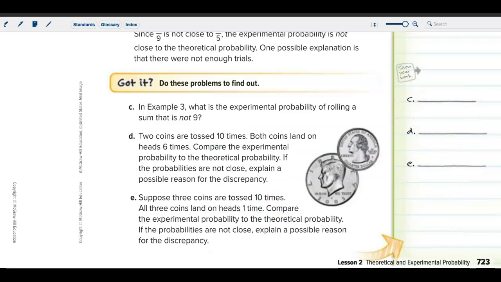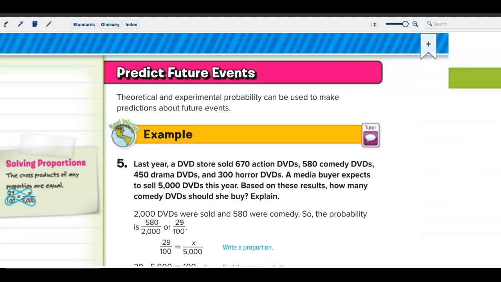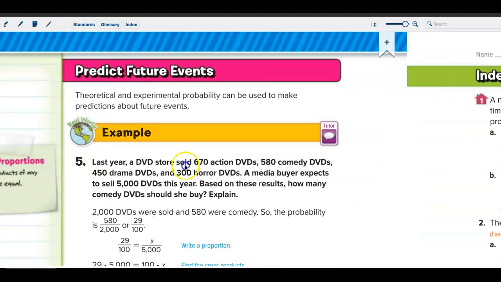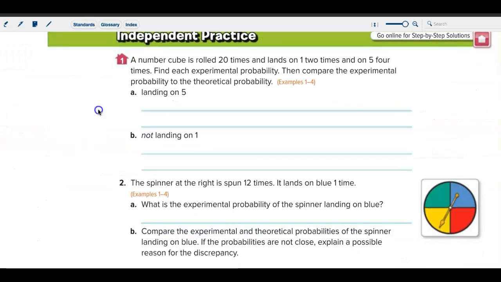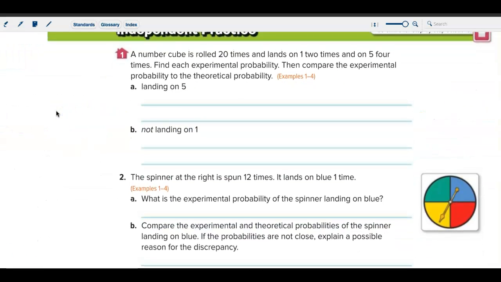I'm also going to go ahead and work on the next page and show you number 1 and 2. So it says a number cube is rolled 20 times and lands on 1 2 times and on 5 4 times. Find the experimental probability, then compare the experimental to the theoretical.